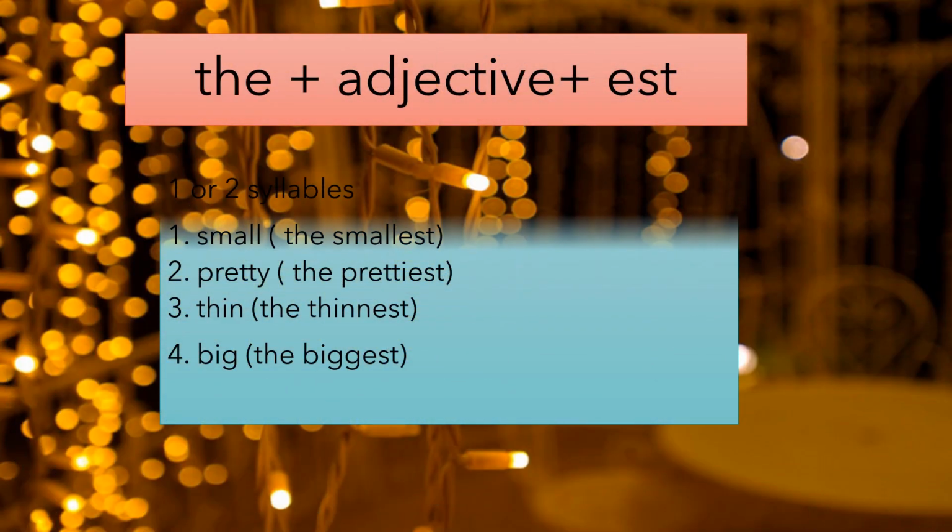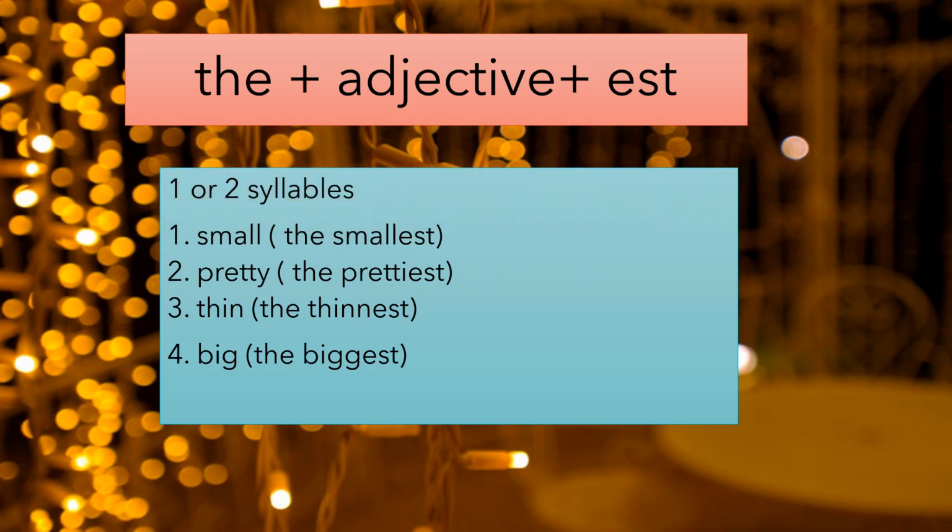We have to add the adjective plus est, only for one or two syllables. Small, the smallest. Pretty, two syllables, the prettiest. Remember that I told you that you have to omit the y and change to i and then est. Thin, only one syllable, so the thinnest.